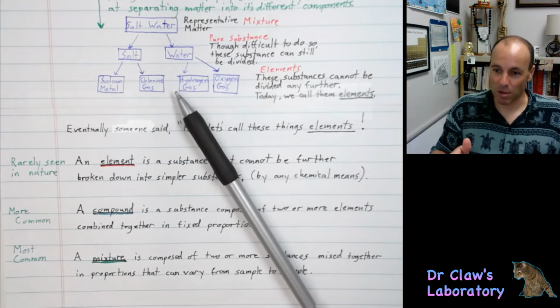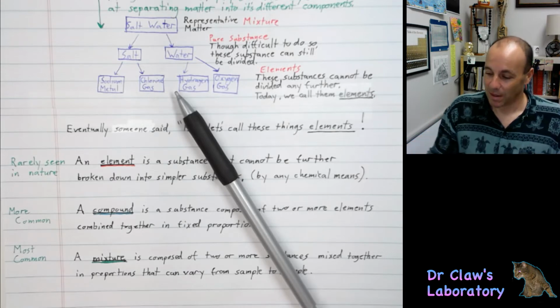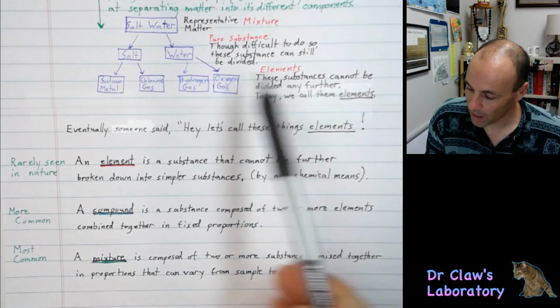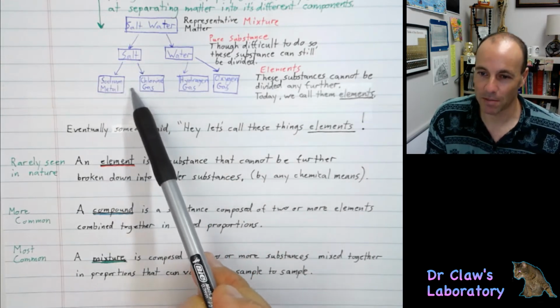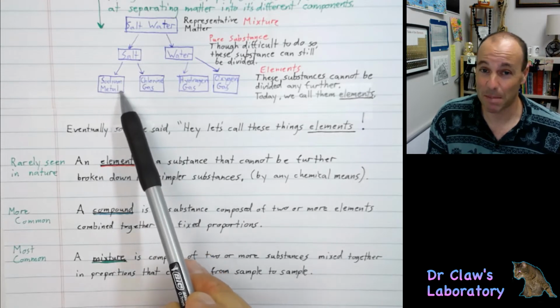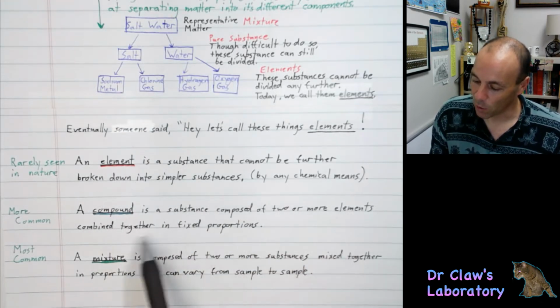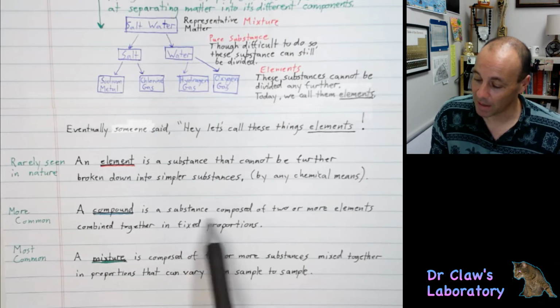It's always in that ratio, 89 to 11. I can't remember what the ratio for salt is, but it's fixed. It's always that same percentage by mass. So that's what a compound is, composed of two or more elements combined in fixed proportions.